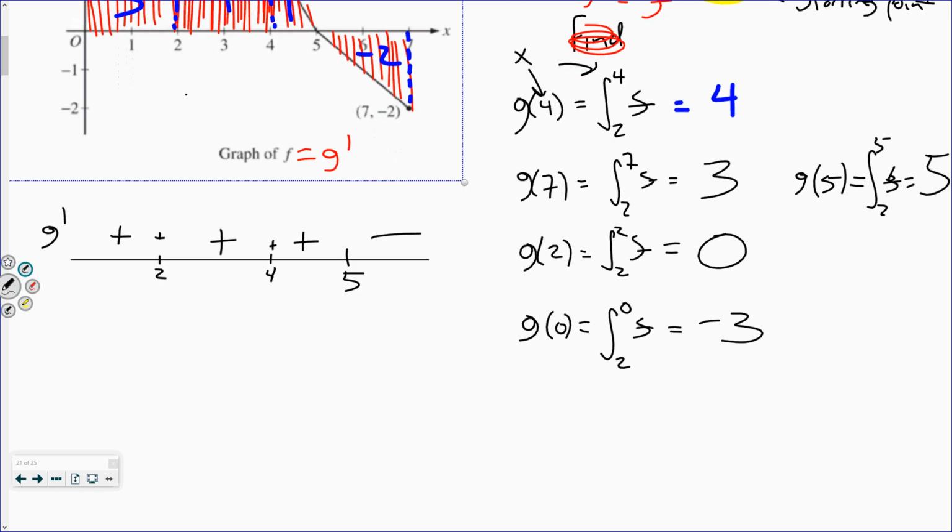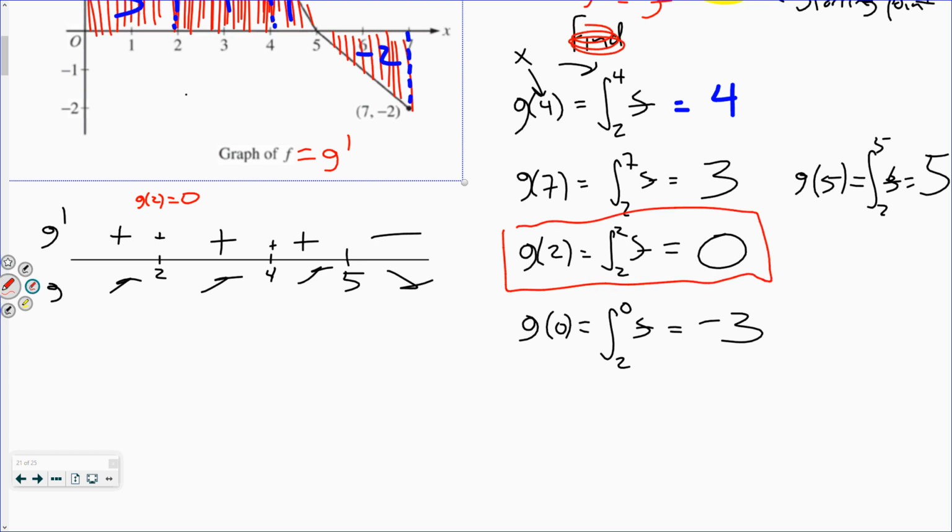Cool? What did you guys find? G must increase, increase, increase, and then decrease. What did you find? G of 2 was 0. That is something you'll always know because that's your starting point. If you go from 2 to 2, you got 0.